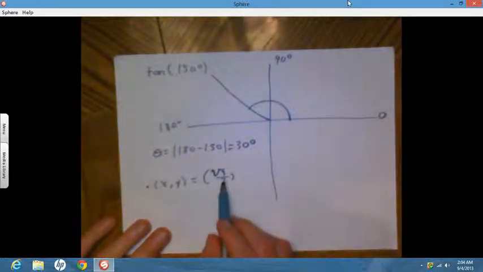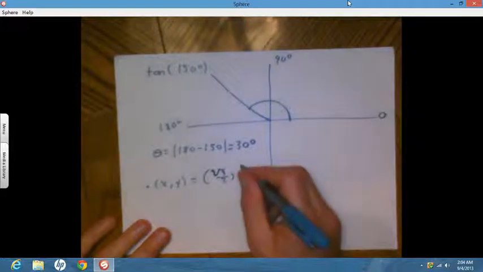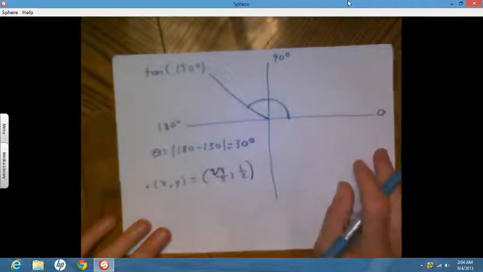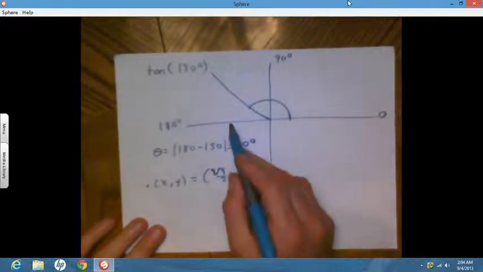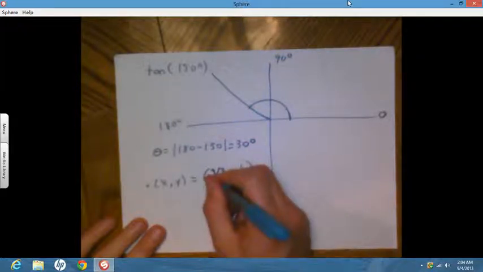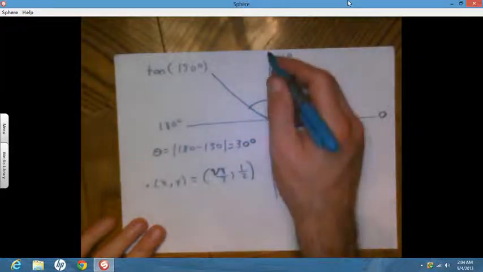My y value is 1/2. Okay? Now, my next step: I'm in the second quadrant, so that means I make my x negative, because x is negative in the second quadrant, y is positive.